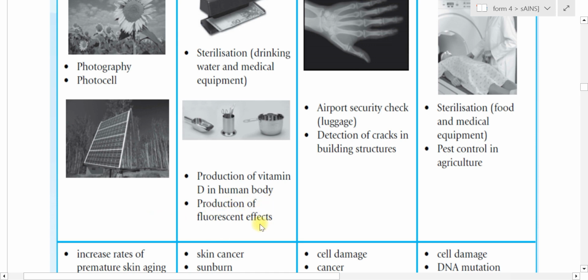Okay. Lagi kita boleh guna untuk purification of water. Kalau water dalam aquarium tu, kita kadang-kadang dia guna UV punya filter juga. Okay. Purification of water. Dia boleh bunuh mikroorganisma.